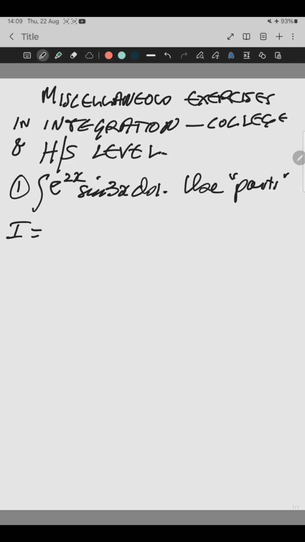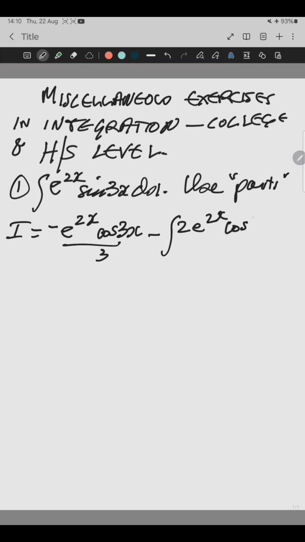It'll be the first times the integral of the second, which will be minus cos 3x over 3, minus the integral of the first differentiated, which is 2e to the 2x, and the second integrated, which is minus cos 3x over 3, so that will become a plus.